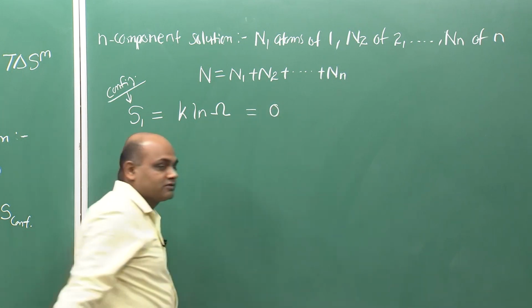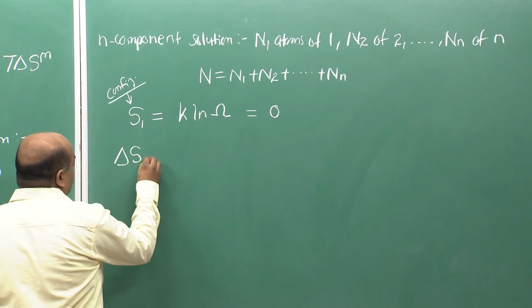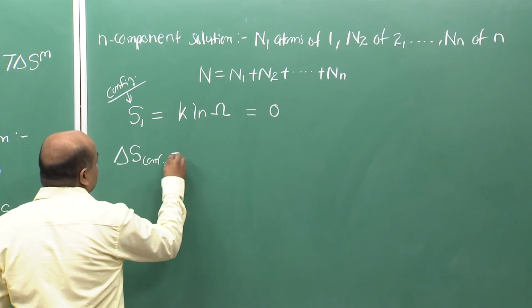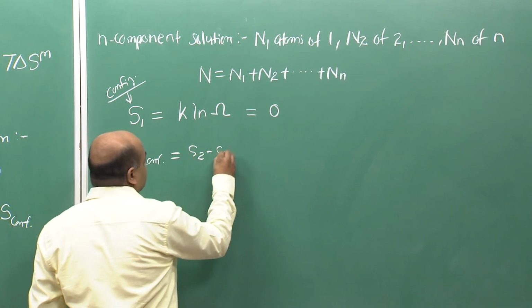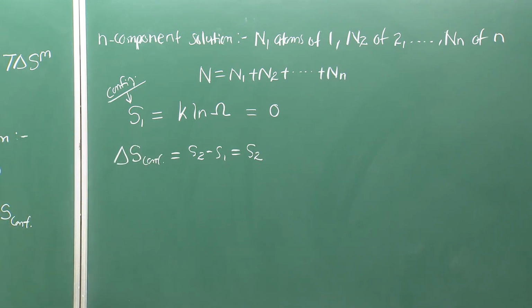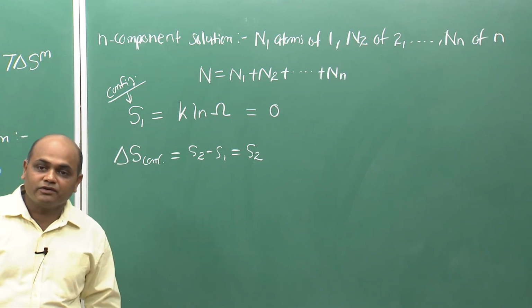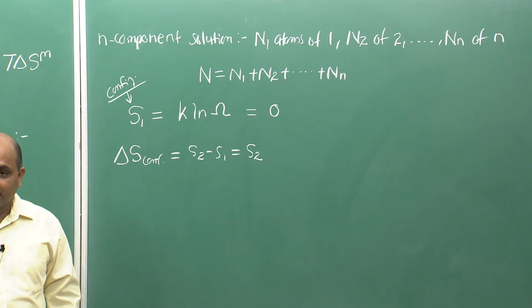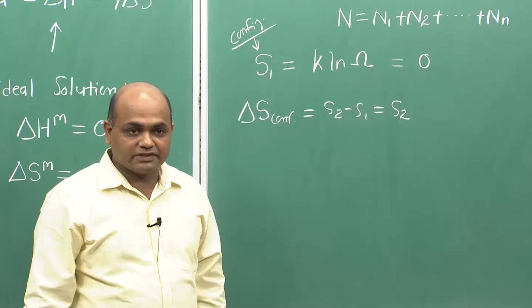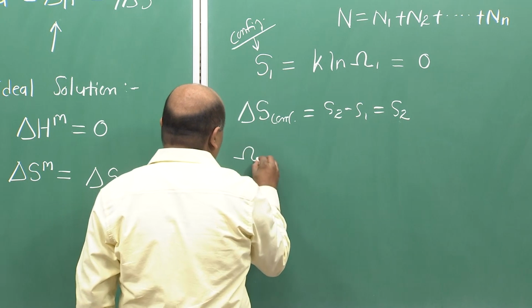So, S1 is 0. So, delta S configuration is essentially S2 minus S1, which is equal to S2, where S2 is the configurational entropy after mixing. So, let us try to evaluate S2. For that we need to evaluate the number of possible configurations after mixing. So, this is omega 1, let us call this omega 2.